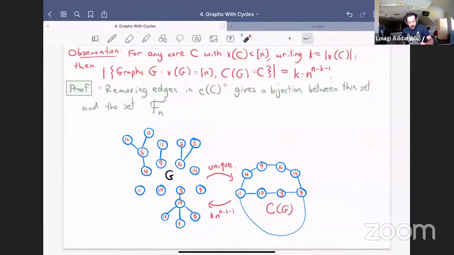Remember that we wrote Fn with a superscript for forests with vertex set n, whose root set was given by the superscript. So here the superscript is Vc. And this set has size k times n to the n minus k minus 1. We proved that using our bijection.